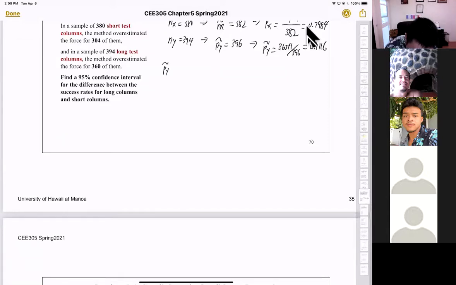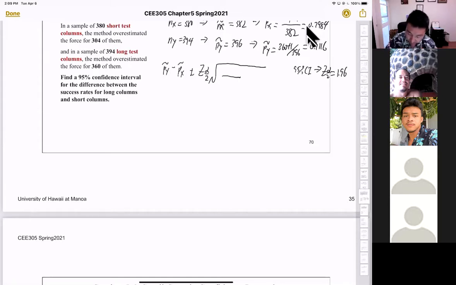So modified py minus px, plus or minus z half alpha. This is the z value. Let's figure out z half alpha first, because this is a 95% confidence interval, and z half alpha from the z table will be 1.96.